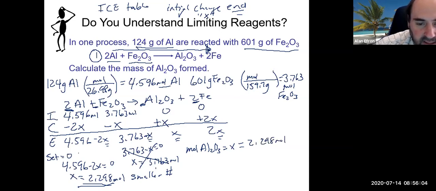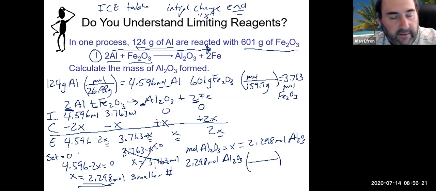We have 2.298 moles of aluminum oxide, which we then can convert into grams by taking the moles and the molar mass of aluminum oxide from the periodic table. Aluminum oxide there is 2 times 26.98 plus 3 times 16, which is 100, we'll call it 102, I guess.